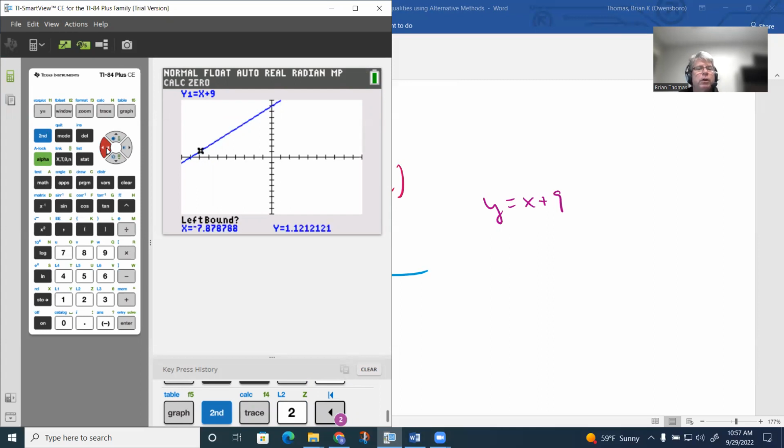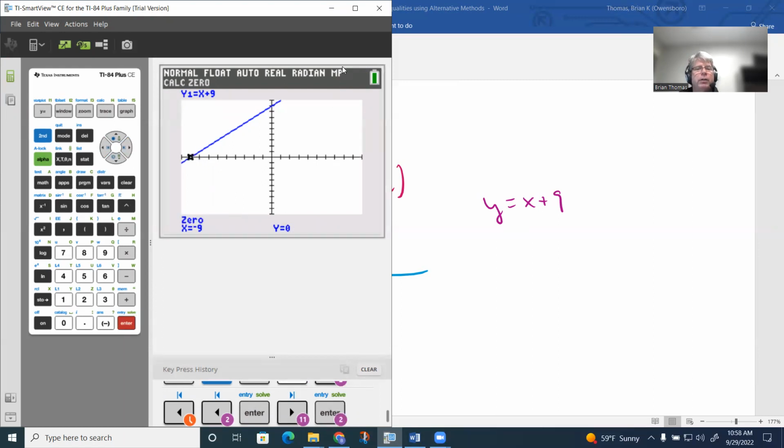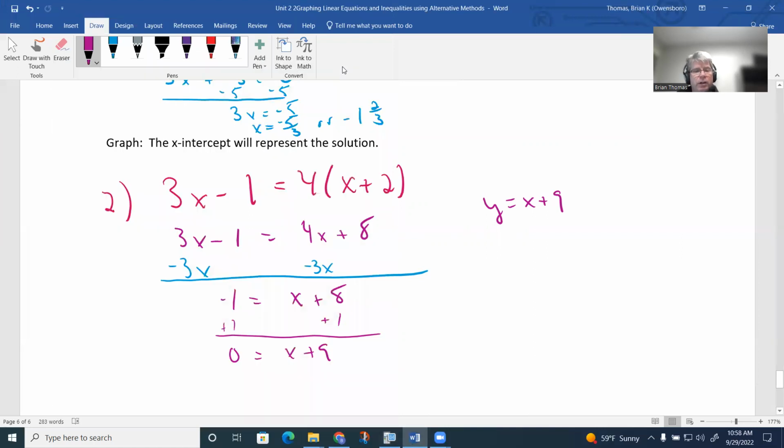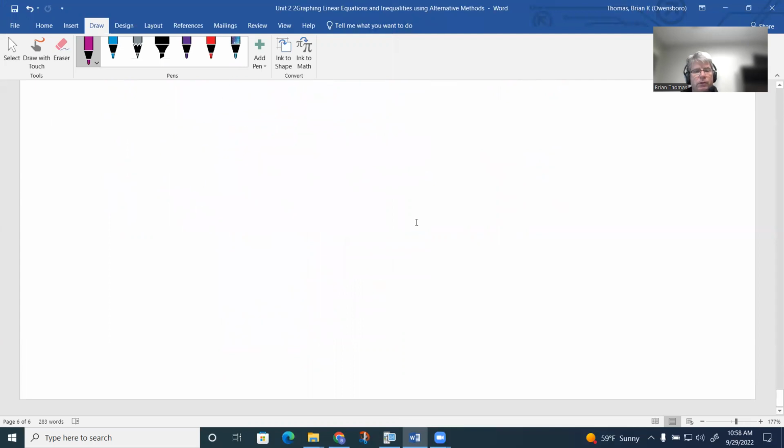So I use my little, some people call it a little spider, move my spider left, hit enter to lock it in, then move to the right of the x-intercept or the 0, hit enter again, and it'll give me my x-intercept of negative 9 on the graphing calculator. Of course, we can also see that by just subtracting 9 on both sides and getting x equals negative 9. So there are some relationships that we may be able to pick up on as we move forward in using the calculator.